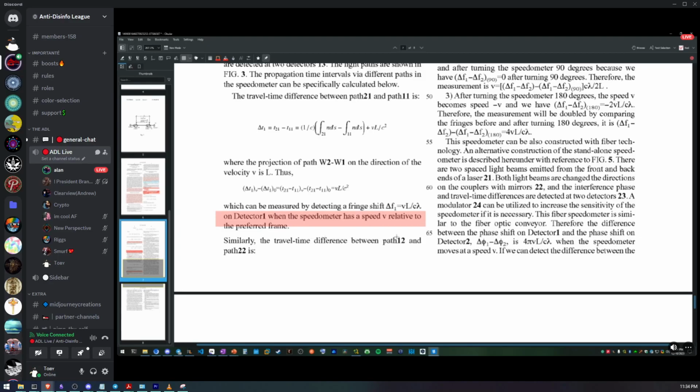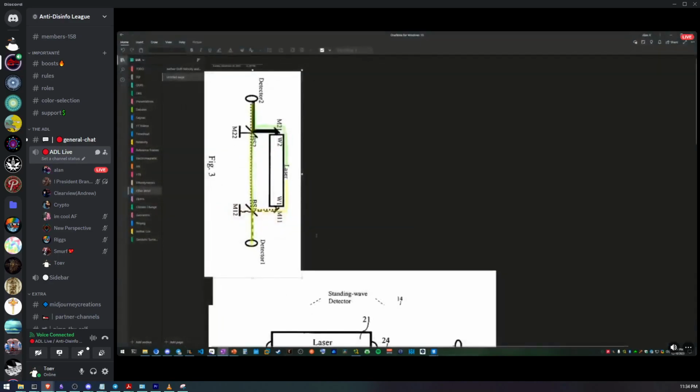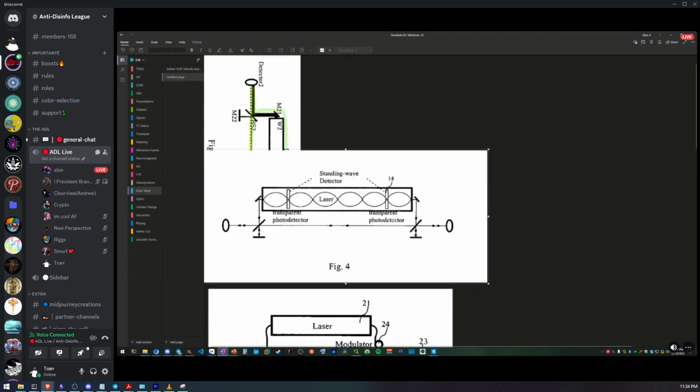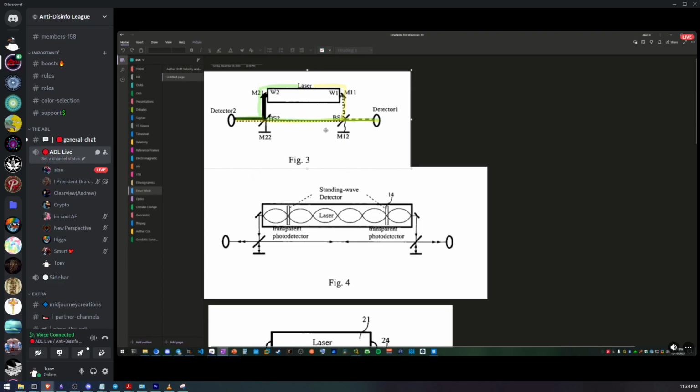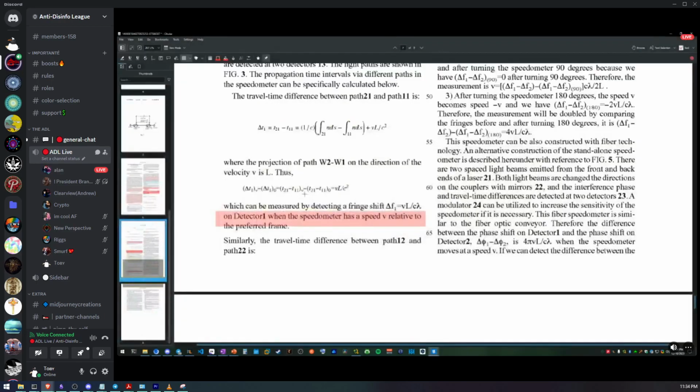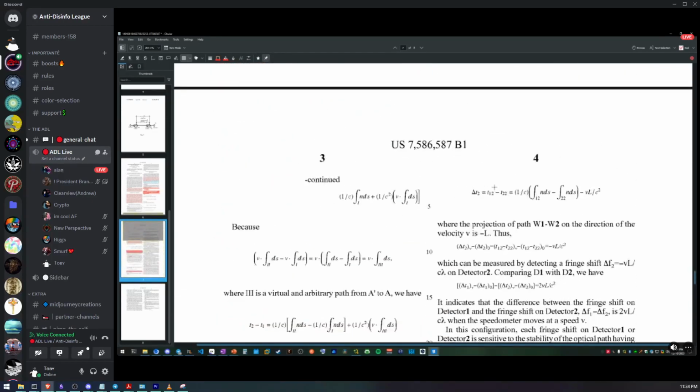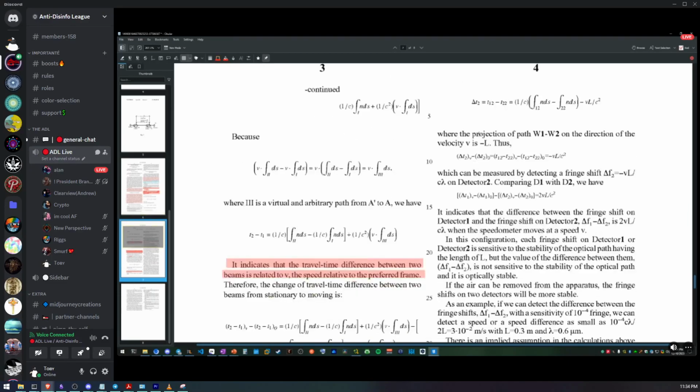Similarly, the travel time difference between path 12 and path 22, this one right here, so delta T sub 2, where we have the time difference between section 12 and section 22, equals 1 over C. Where the projection of path 1 on the direction of the velocity V is minus L. So I think you're right, Toby.